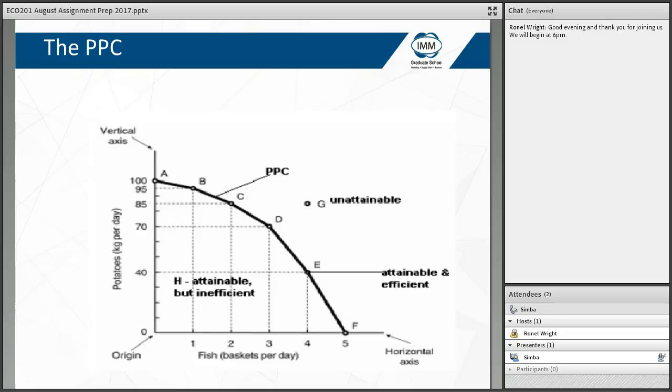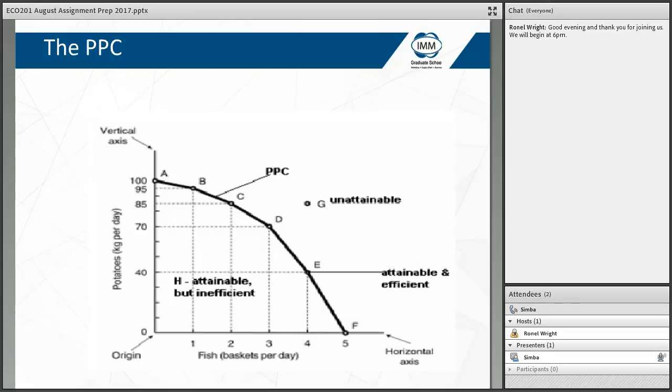If you look at the diagram on this slide, we have potatoes on the vertical axis and fish on the horizontal axis. Then we have points A, B, C, D, E, and F. All those points are combinations of the two goods being produced in this community.